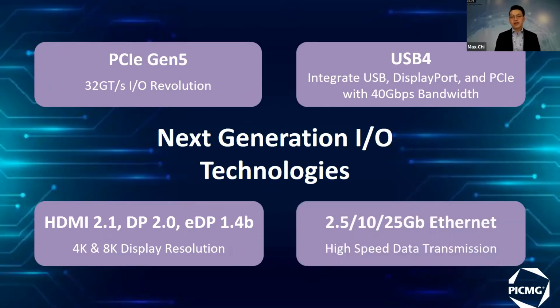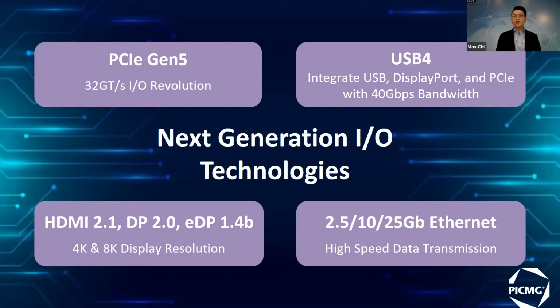The last is Ethernet. 1 gigabit Ethernet is not enough now. So higher speeds, like 2.5 gig, 10 gig, 25 gig, or even 100 gigabit Ethernet are coming to meet the requirement of high-speed data transmission. So all those new technologies require high bandwidth.